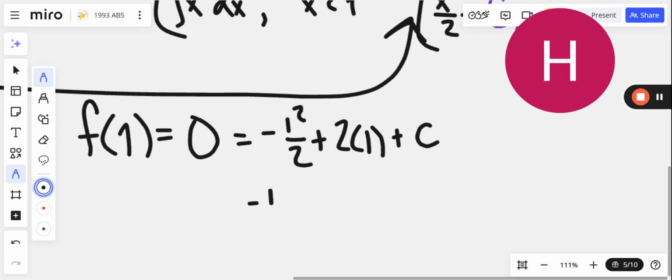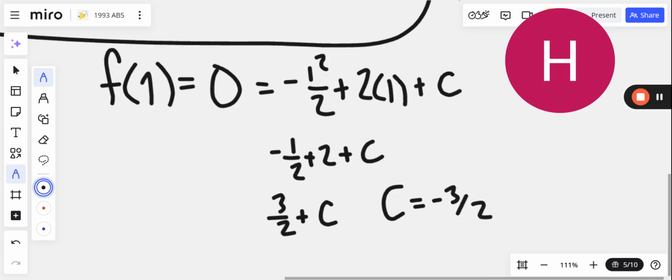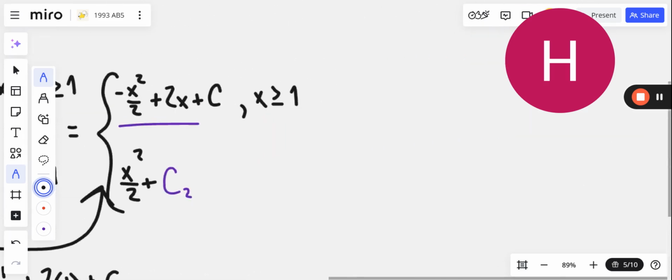So this is going to be negative 1/2 plus 2, which is just 3/2, plus c. So c equals negative 3/2. I know that for sure on this top function. Negative x squared over 2 plus 2x plus 3/2. Oh, sorry, minus 3/2.